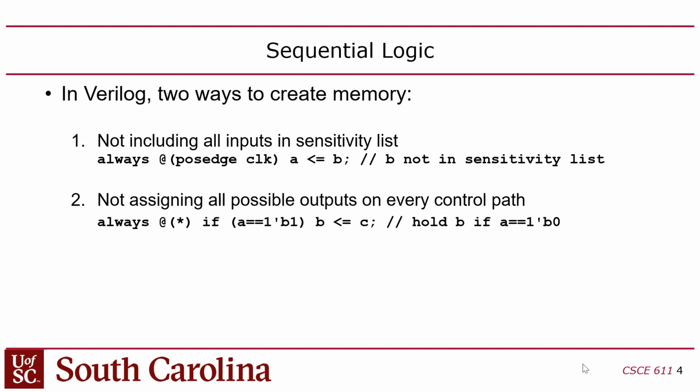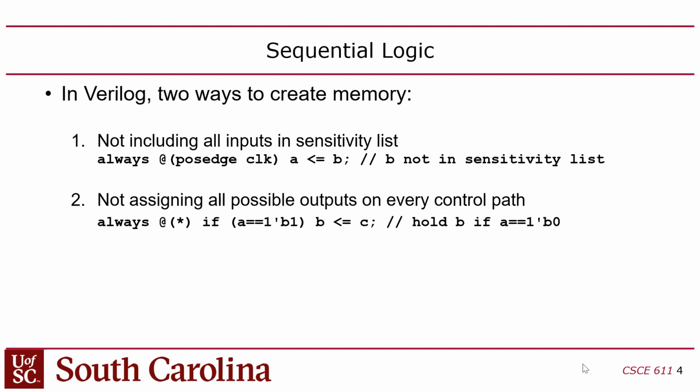So that has to create memory, because that means that B has to hold on to its old value, whatever it was last assigned to. So even though it activates on all the inputs, it doesn't assign all the outputs whenever it's activated.